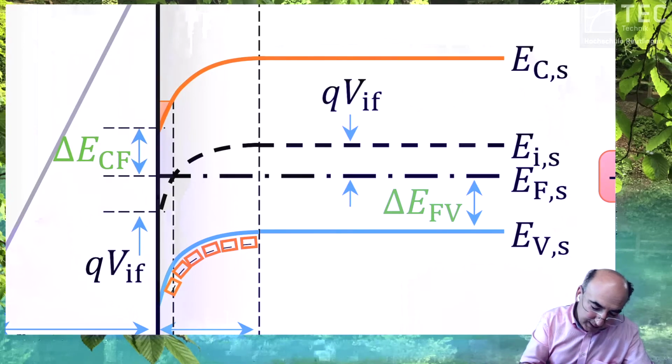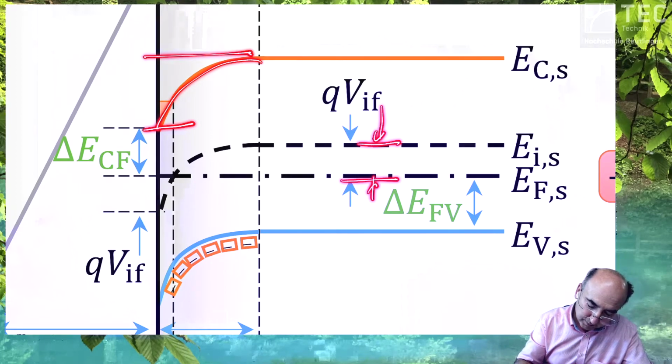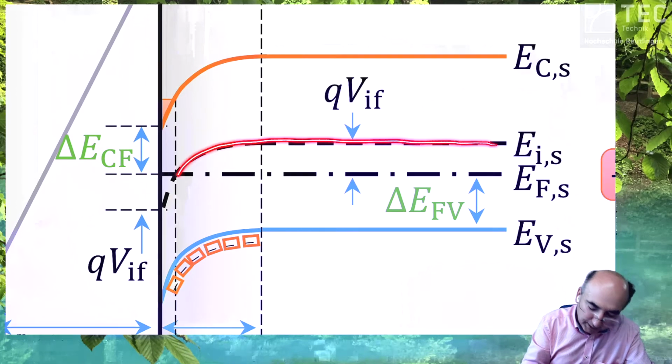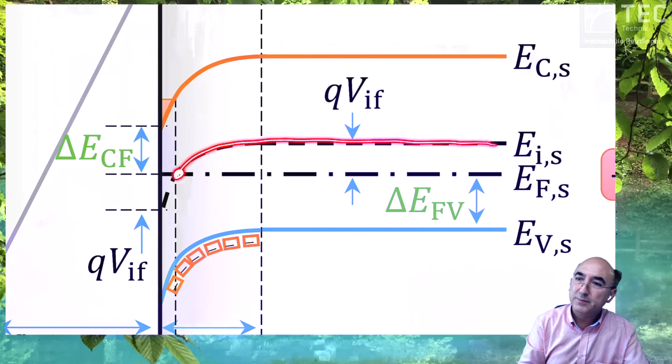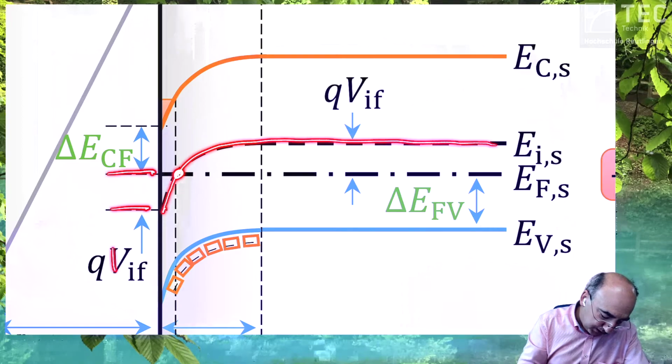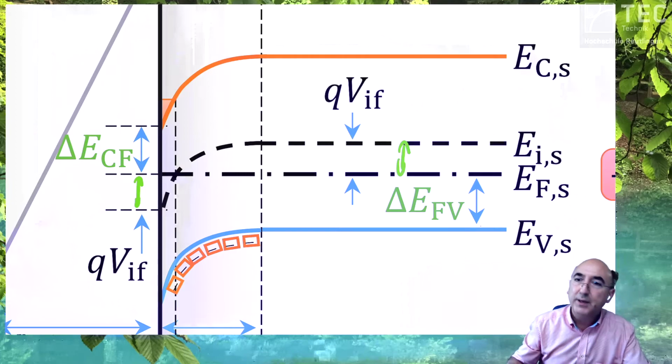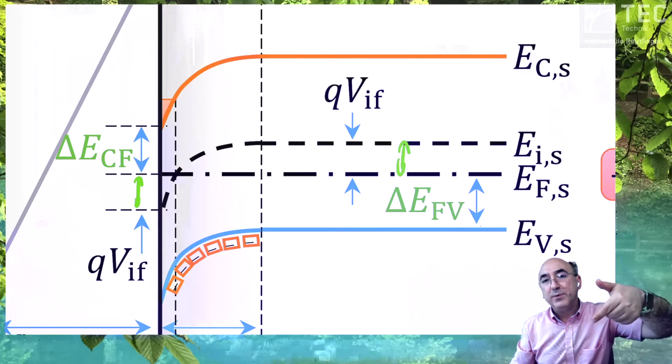If the bending is 2 times this distance, then your intrinsic level is bent 1 time, then your intrinsic level is equal to the Fermi level. And if it is bent 2 times, then your new VIF is exactly as large as your initial VIF, but vice versa.